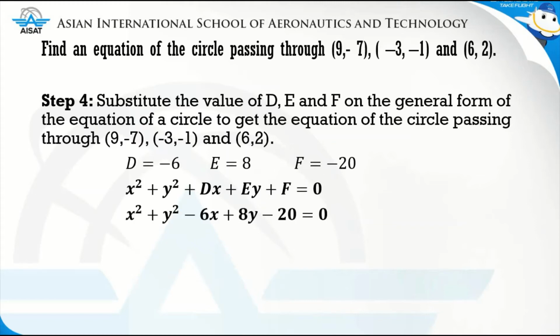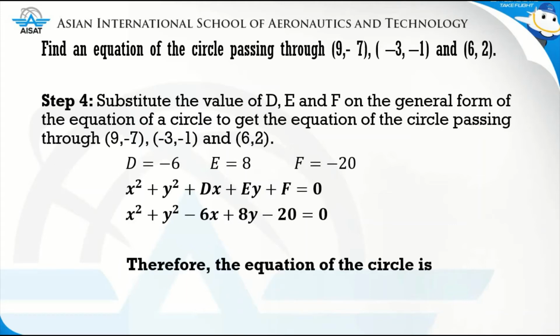And we will have x squared plus y squared minus 6x plus 8y minus 20 is equal to 0. Therefore, the equation of the circle is x squared plus y squared minus 6x plus 8y minus 20 is equal to 0. And that is how you use the first method in determining the equation of the circle given three conditions.